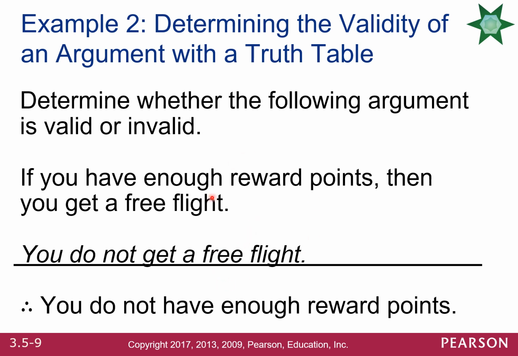So we will first have to rewrite these in symbolic form. That was the first step in the process of validation. The first premise is: if you have enough reward points, then you get a free flight. The second premise is: you do not get a free flight. And the conclusion is: therefore you do not have enough reward points.